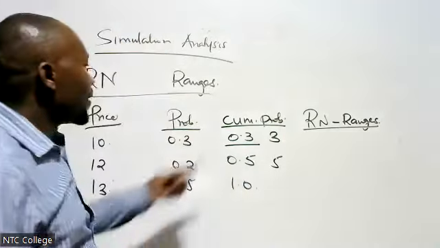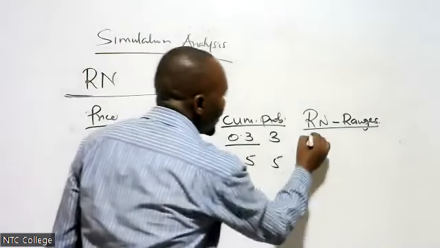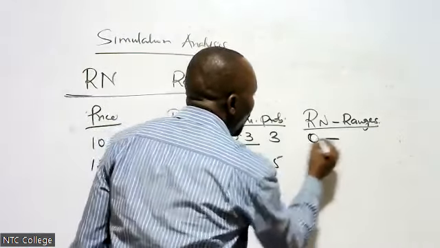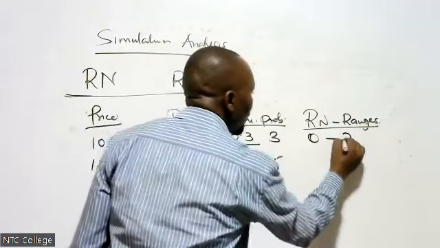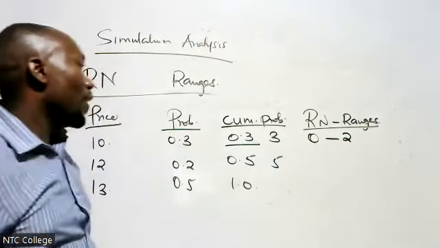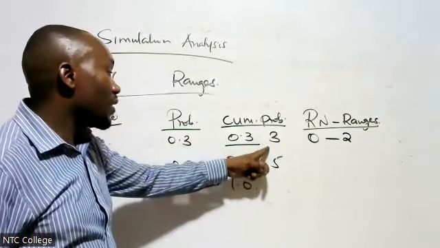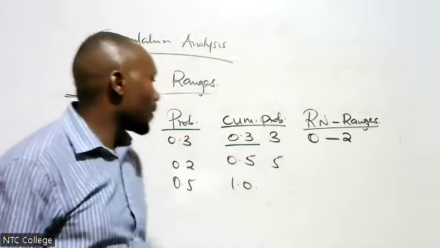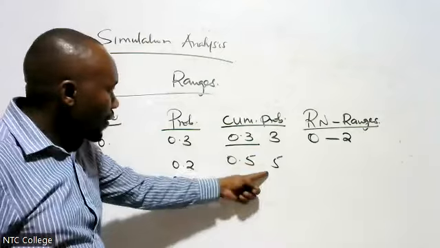So if it is the upper limit, we are saying 0 to 1 minus this, 2. So 2 is 1 minus this figure. It is the upper limit. Here we have 5.